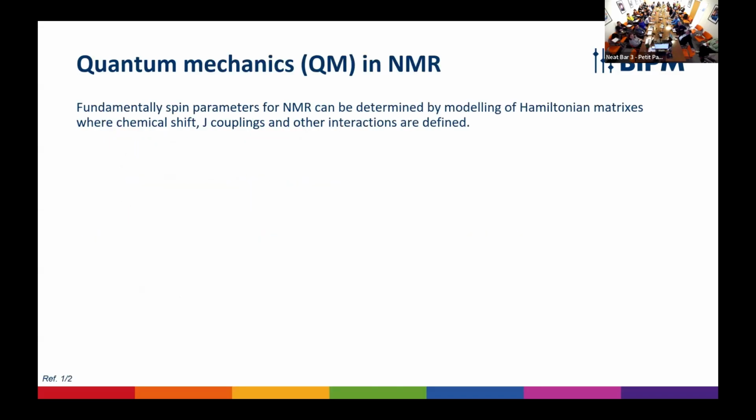Fundamentally, NMR peaks and spectra are defined by spin parameters of the nuclei spin of molecules. When we think of it mathematically, these are modeled by Hamiltonian matrices. To summarize, it's essentially a mixture of the lattice, which looks at the chemical shift affected by the environment it's in, the spins that are interacting, and other interaction terms within the system.